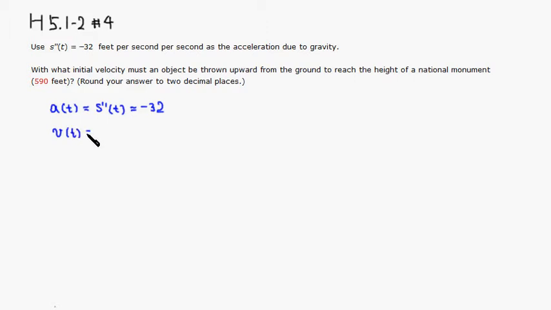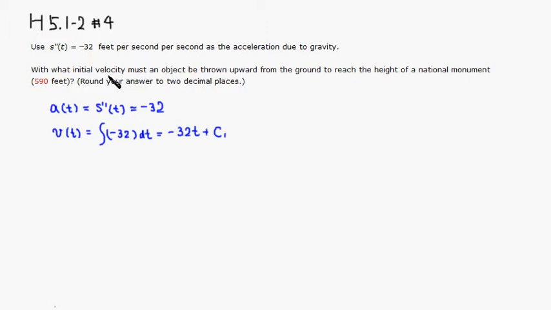We take the antiderivative of negative 32 with respect to t. The antiderivative of negative 32 is negative 32t plus some constant. I'm going to call it C1 because I might have to use another constant.